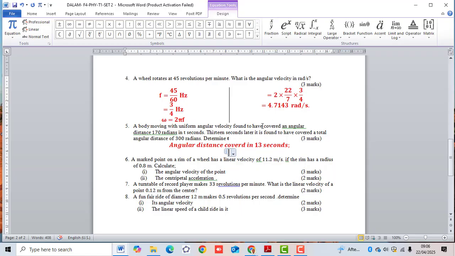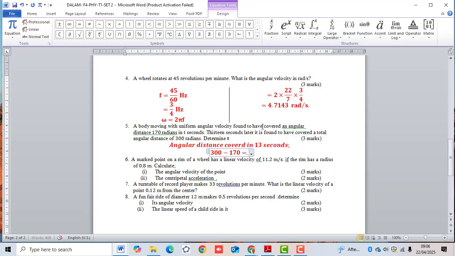It is 13 seconds later, it covered a total. A total is by summing. And earlier, in t seconds, it had already covered 170. So that means in the later 13 seconds, it will have covered an angular distance of 300 minus 170.